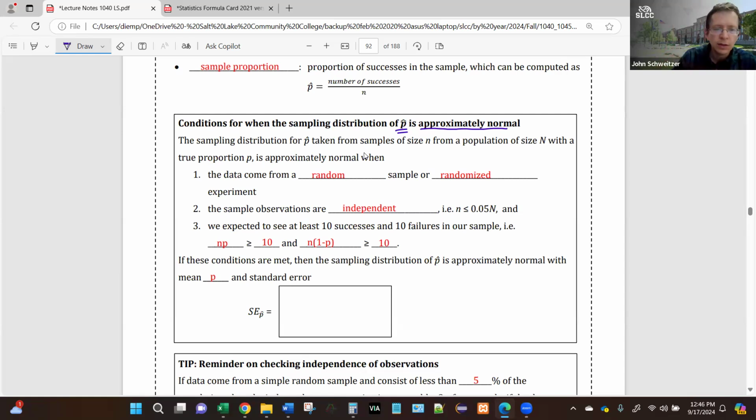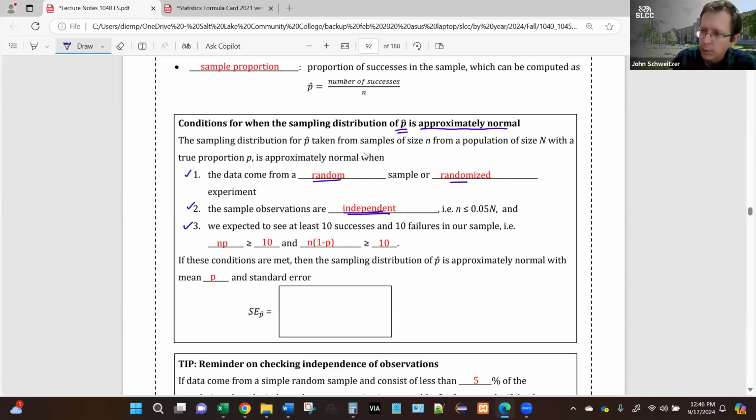There are three conditions. The data have to come from a random sample or a randomized experiment. They have to be independent of each other, so the people in the sample don't really know each other and aren't influencing each other. And finally, we have to have a large enough sample such that we get enough in both categories. If you're trying to estimate the proportion of right turns, you need some right turns and some left turns.